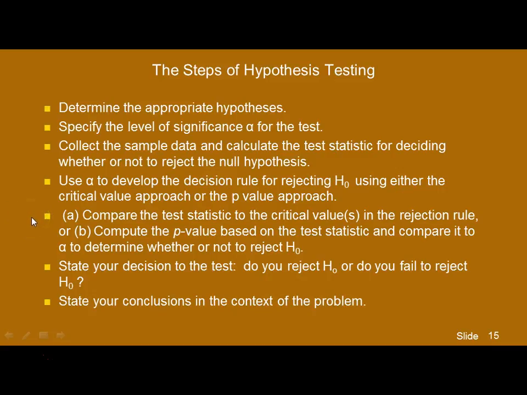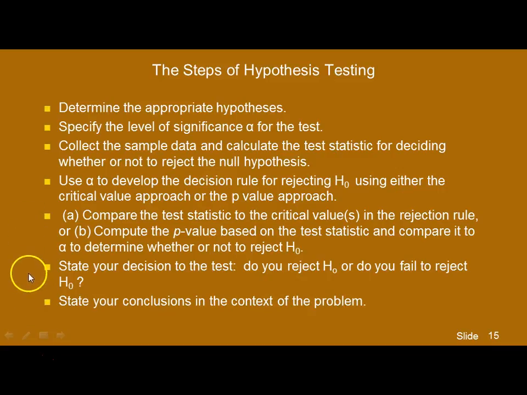You can use what is called the critical value approach, or it's also sometimes called the classical approach, where you're going to compare your test statistic to what we'll call a critical value and decide whether to reject the null or not. Or you can calculate something called the p-value, which we'll see is based on your test statistic, and compare it to the alpha level to determine whether or not to reject the null. And again, all of this will become clearer when we do a specific example later.